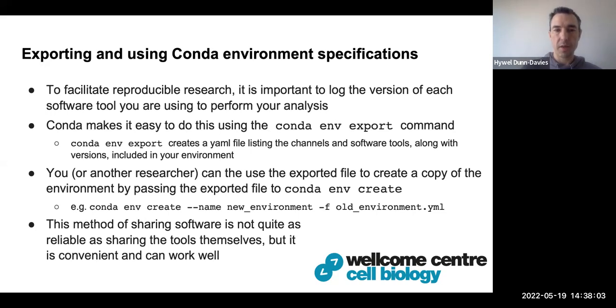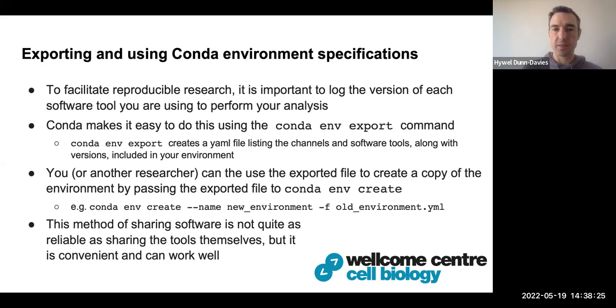So one good thing about conda is that it allows you to export your environment using conda env export. That just makes a file which has the software tools and the versions included in your environment. Once you have that file, you can keep it or give it to another researcher.